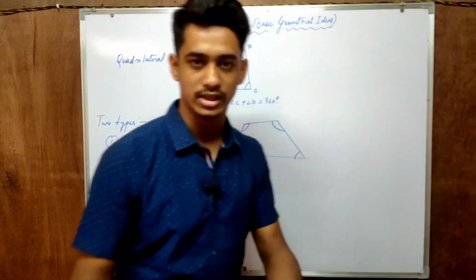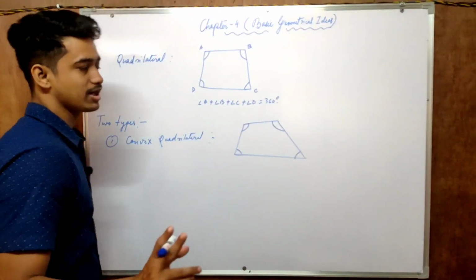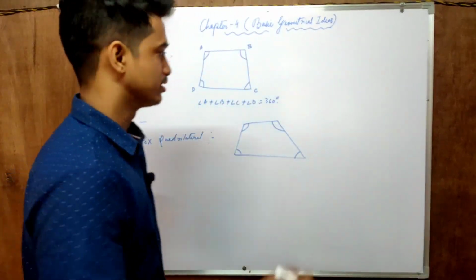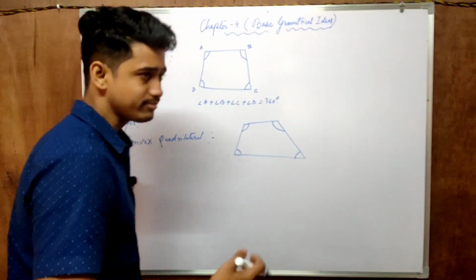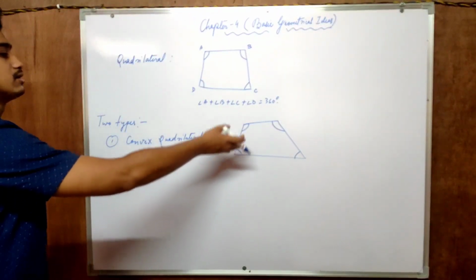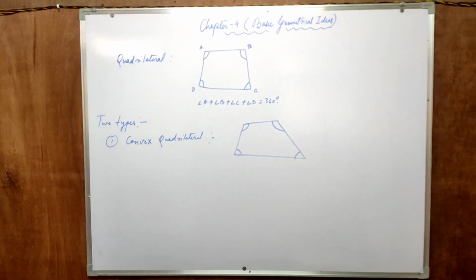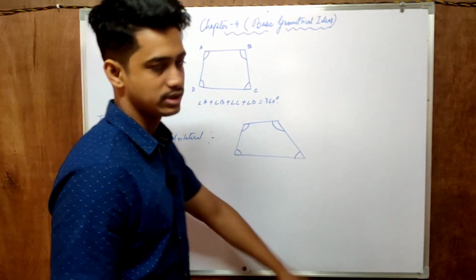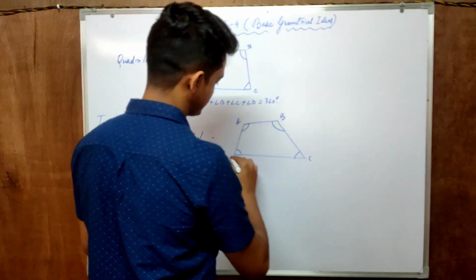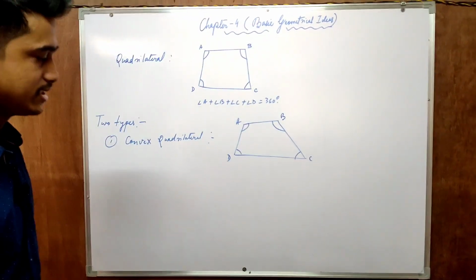You just put the protractor on it. In the first part I explained how to measure angles using a protractor. So you can use that instrument and figure out the measurement of these four angles. Here if you measure all four angles, A, B, C, D, all the angles are less than 180 degrees.